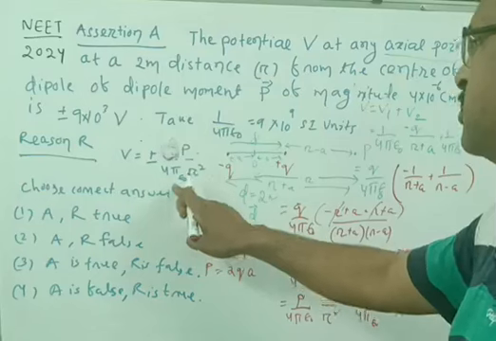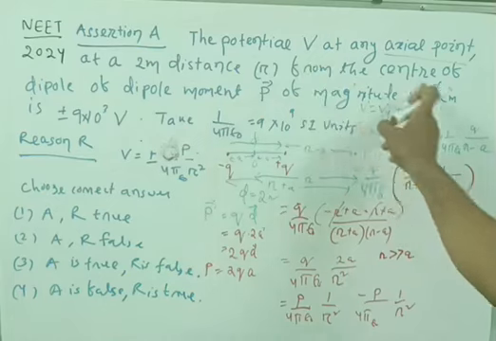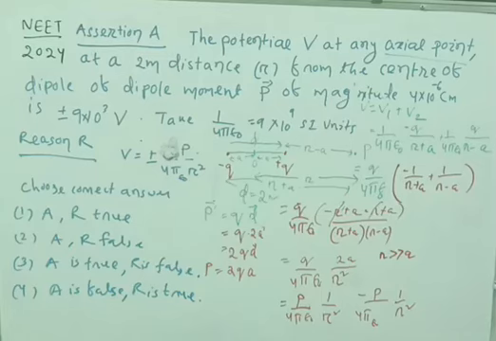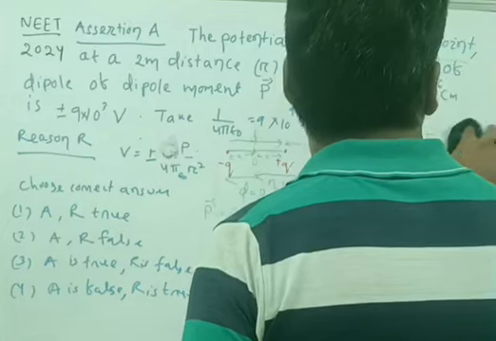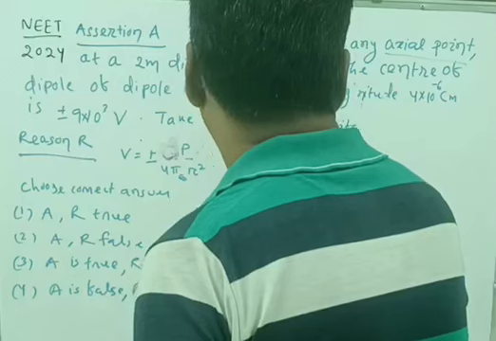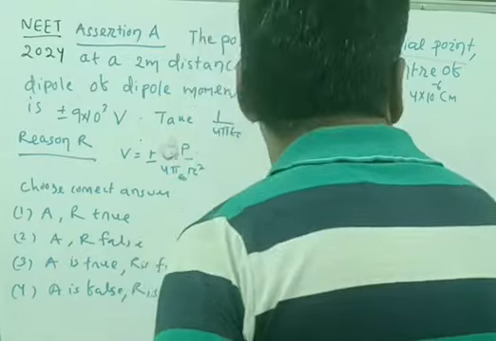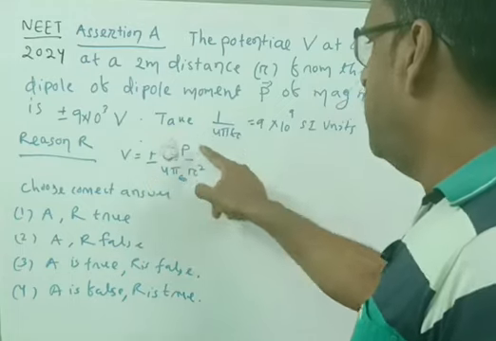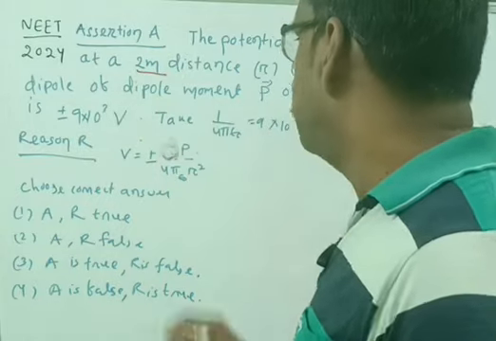So this is wrong, this will be 4 pi epsilon 0, but let us calculate now from this formula that is given. Let us calculate the potential for the point. Okay student, let us see what will be the potential. We found that on an axial point, that will be plus minus P by 4 pi epsilon 0 R square, and the distance given here is R is 2 meter.